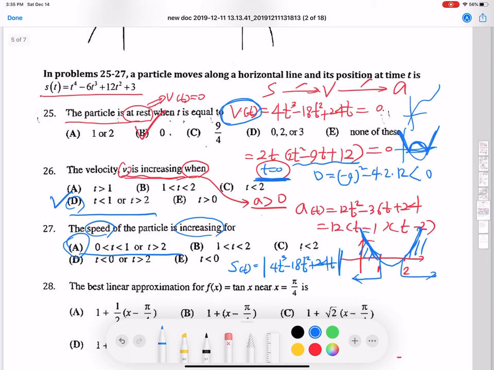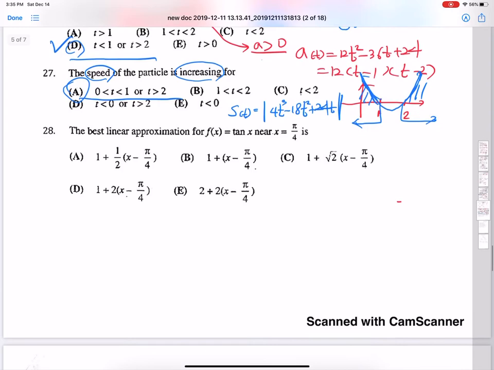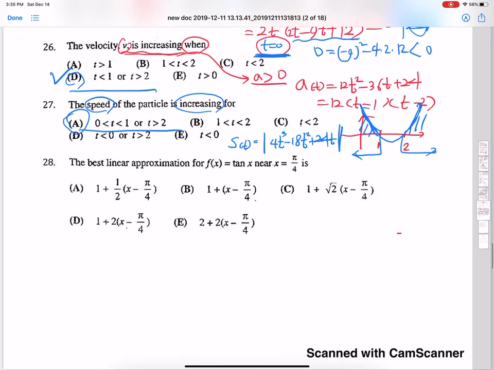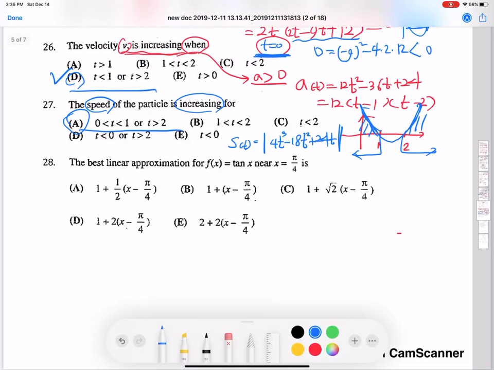Okay, number 28. Best linear approximation, f(x) equals tangent x near x equals pi over 2. So y equals tangent x, right? I'm going to do implicit differentiation.